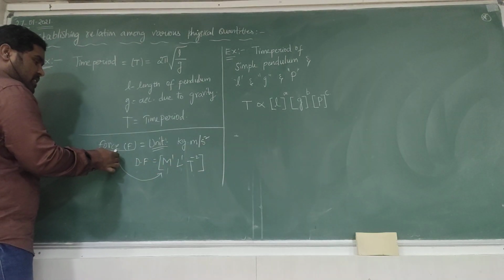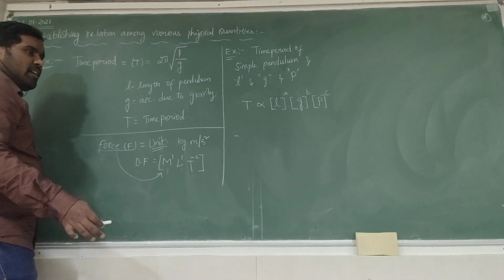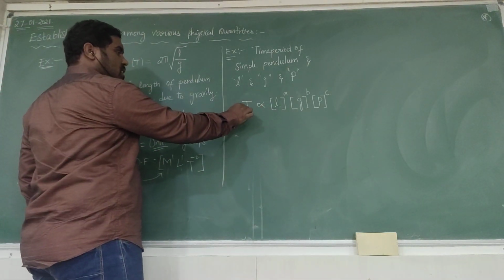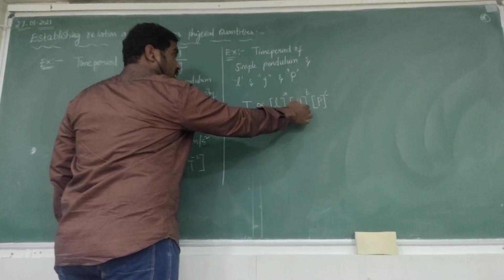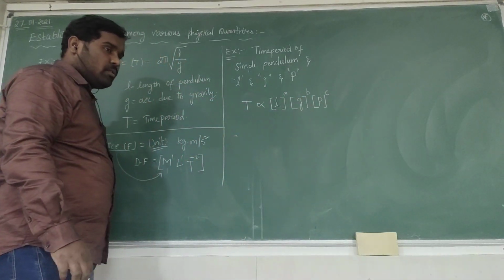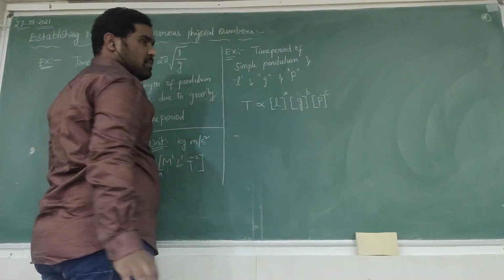Thus a derived physical quantity was expressed in terms of fundamental physical quantities. Here one derived physical quantity is expressed in terms of other derived physical quantities. That is the only reason for writing in this way.